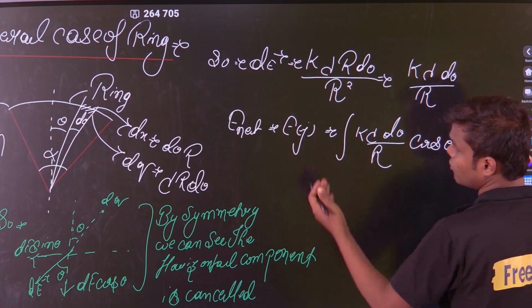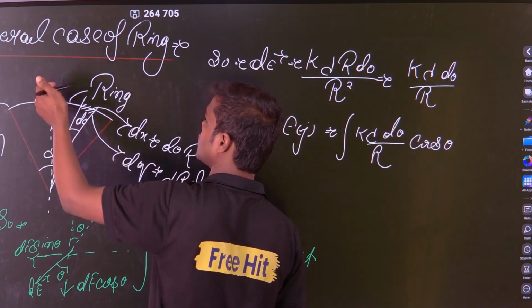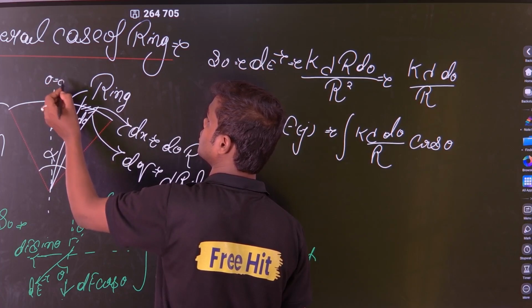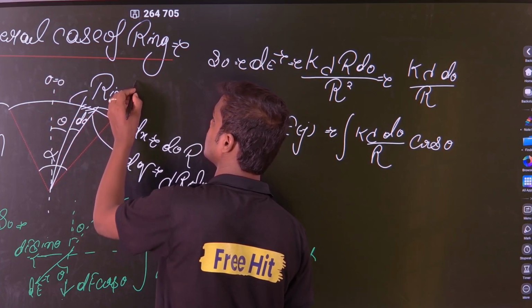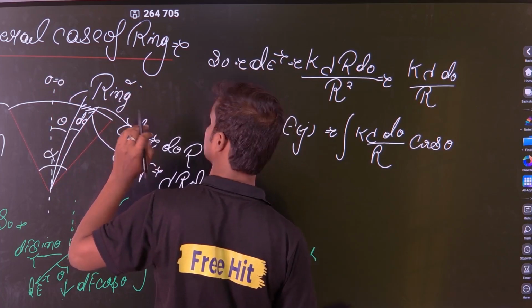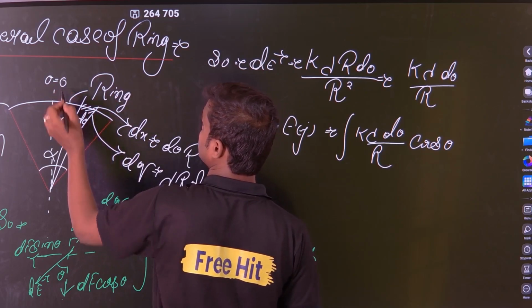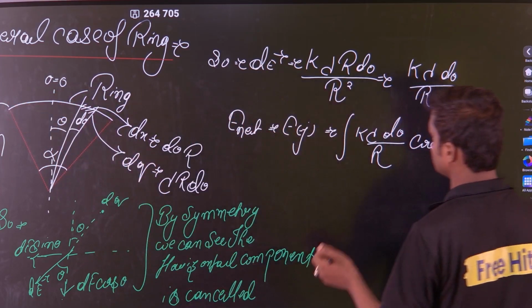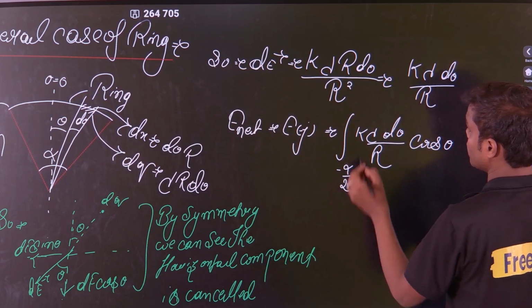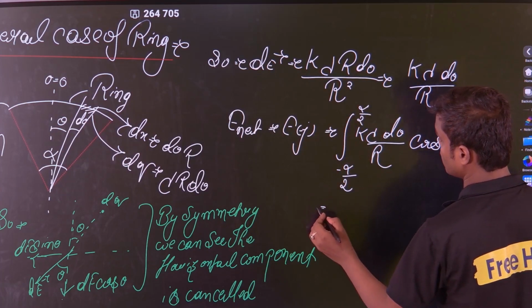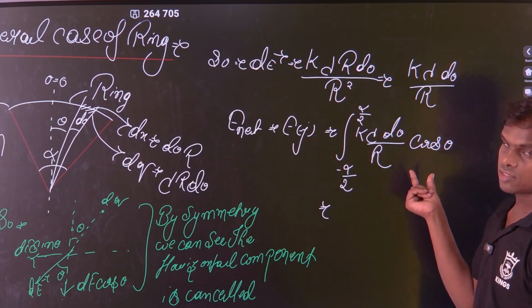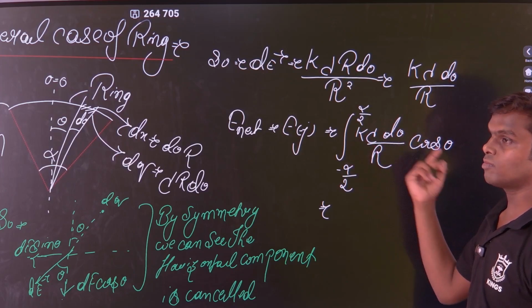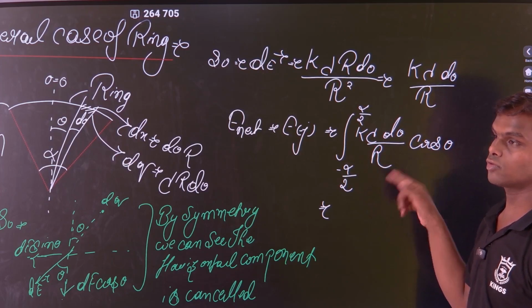You have to integrate cos theta from what limit of theta? Theta is equal to 0 degree at the center, so this is theta equal to plus alpha by 2 and this is minus alpha by 2. So the integration limit is from minus alpha by 2 to plus alpha by 2. The integration of cos theta is sin theta: sin alpha by 2 minus of minus sin alpha by 2, so 2 sin alpha by 2.